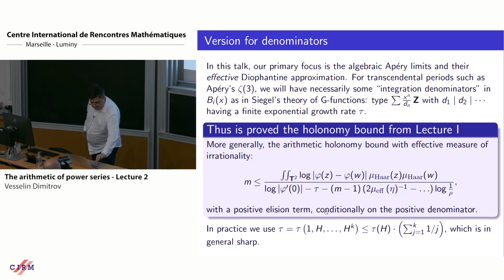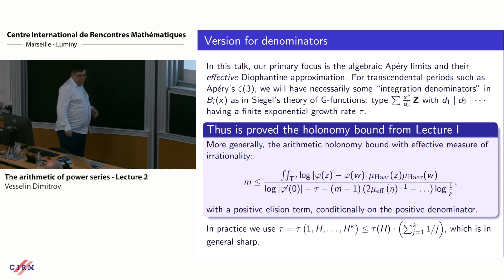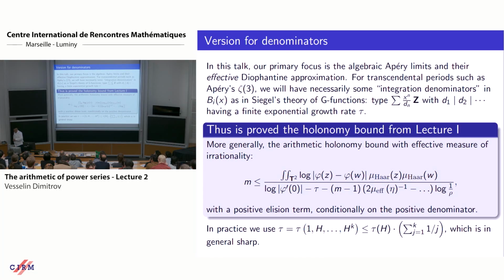But in practice, when we start taking those powers, if you have a denominator type, say 1n, where tau, the growth rate of the denominators in this example, is 1, as we start raising to powers, tau multiplies by the harmonic numbers, because the type goes from 1n to 1n times 1n over 2 up to 1n over k.